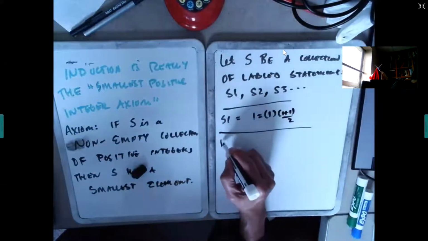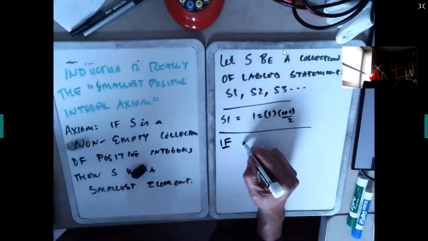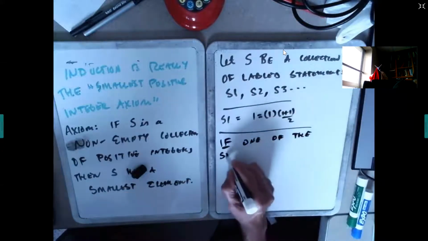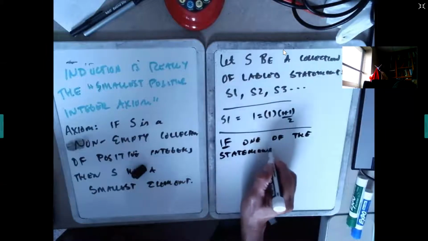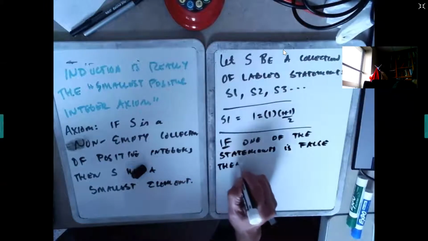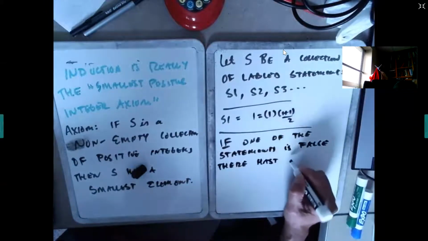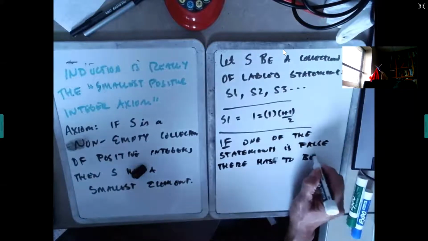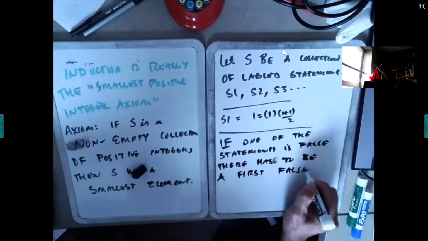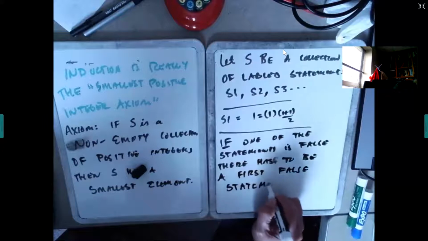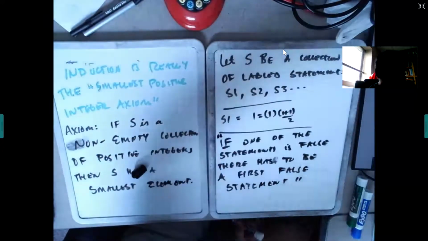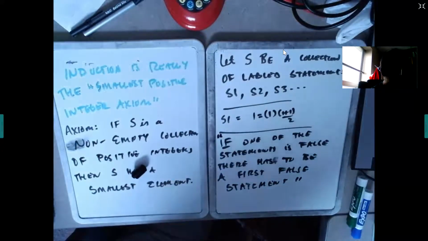And the question is, if one of the statements is false, there has to be a first false statement. And that's the crux of induction right here. If one of these statements is false, there has to be a first false statement.